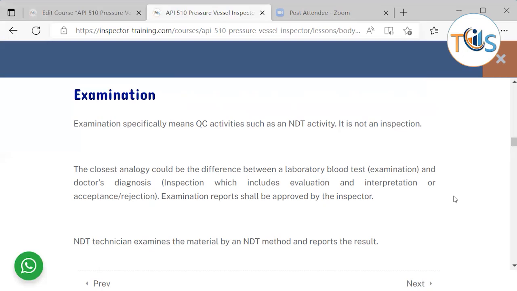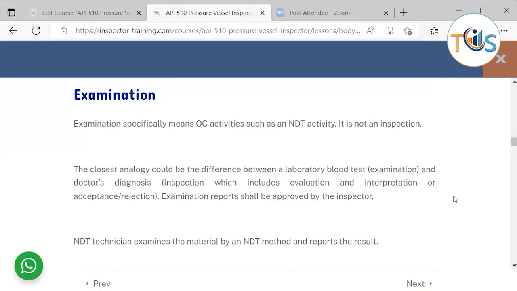Whereas NDE, examination, is trying to get some information from the material without actually destroying the material. So NDE never destroys or damages the material, and hence they call it examination.